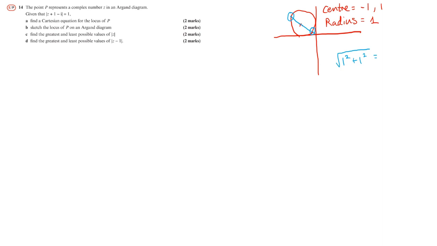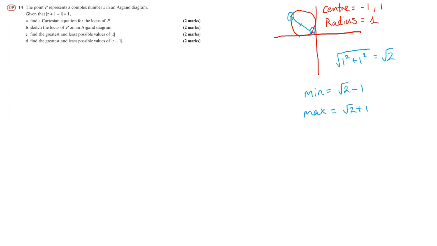Yeah, it's root 2. So to the centre it's going to be root 2, this length here. Our radius is 1, so from here to the edge of the circle is 1. So we can say that root 2 minus 1 is our minimum, I think that's right. And then our maximum should be root 2 plus 1.